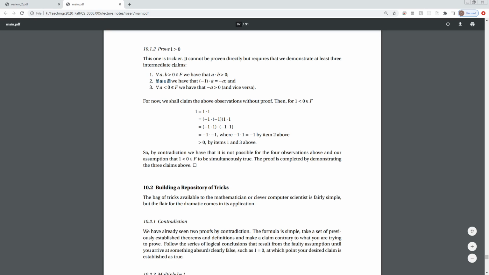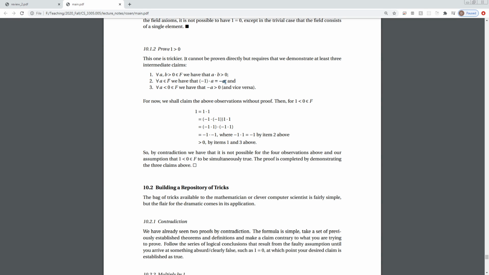You have to show that if you pick a number in our field, the additive inverse of our multiplicative identity, when multiplied by whatever number you've picked, is going to give you the additive inverse of whatever value you are looking at.